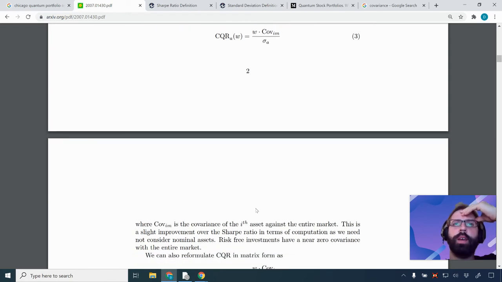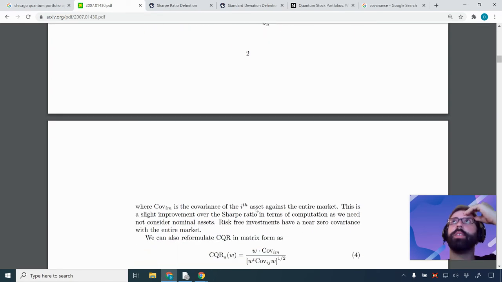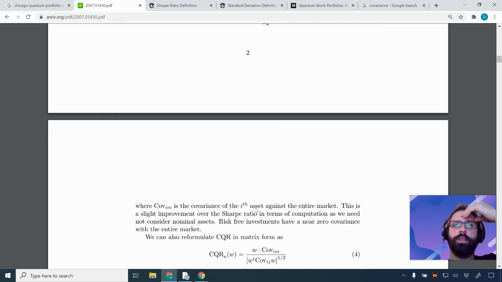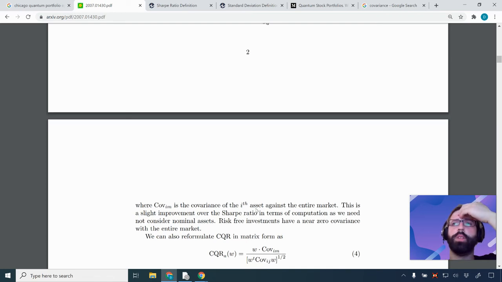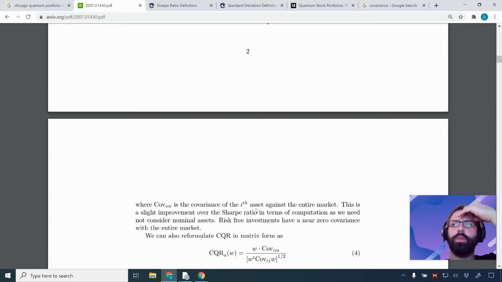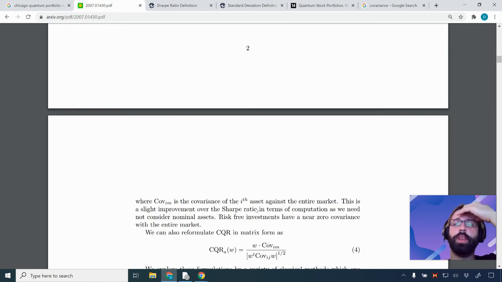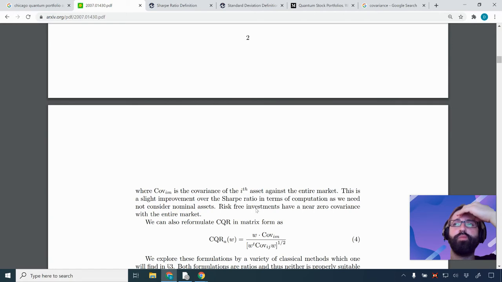It's still, I think, a big statement to say that covariance with the market is close to 0. I mean, I don't know. I'm not intuitively thinking it. I mean, if the market is doing well, right, then you should have positive covariance, shouldn't you?